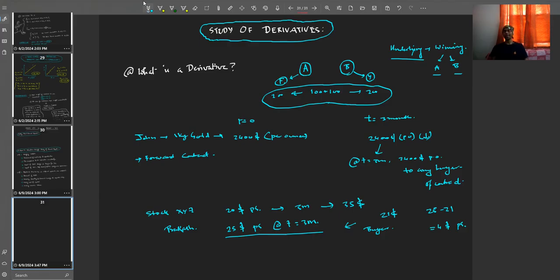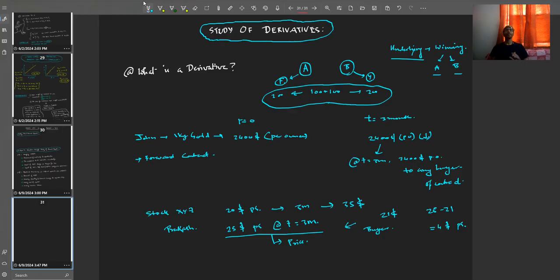So both are basically getting into a contract because they have different views on the performance of the underlying. This contract is basically an overlay on the underlying performance of the stock price. The value of this derivative is derived from the performance of the stock price. So this is a derivative.